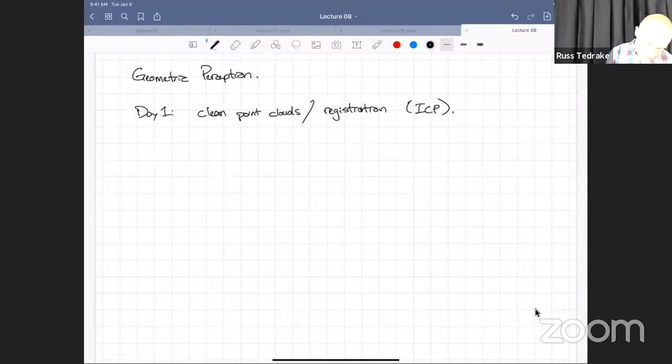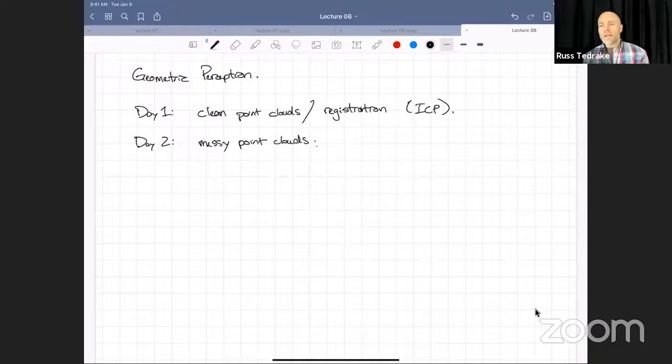On day 2, we went to messy point clouds. And I think one of the takeaways I hope you got was that for Gaussian noise, for simple additive noise, the ICP approaches that were based on least squares were actually already robust.